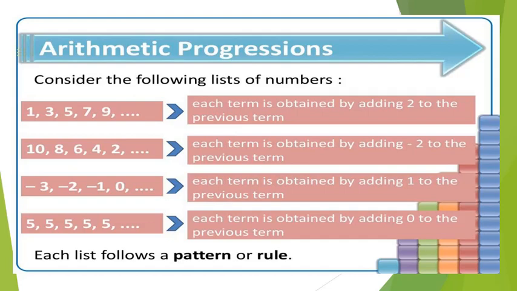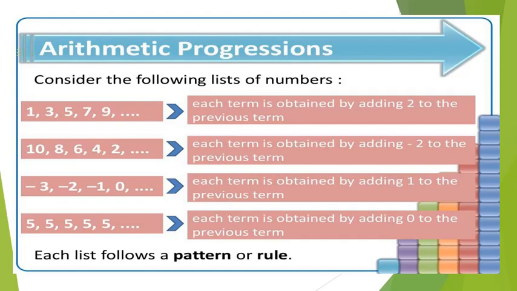In the previous slides, you have seen varieties of patterns. Now, here in this slide, consider the following lists of numbers. Very first, 1, 3, 5, 7, 9. What have you observed? That each term is obtained by adding 2 to the previous term. When you add 2 to 1, you get 3. Similarly, when you add 2 to 3, you get 5.